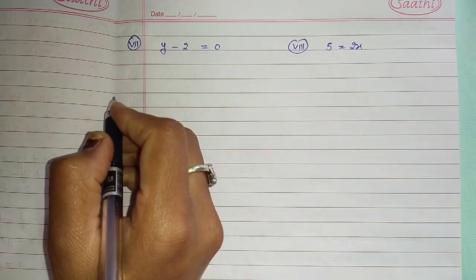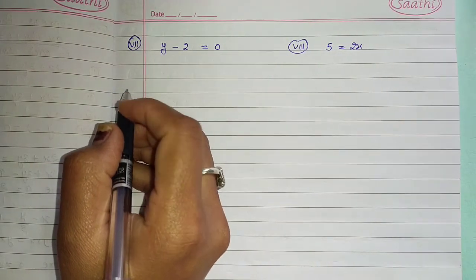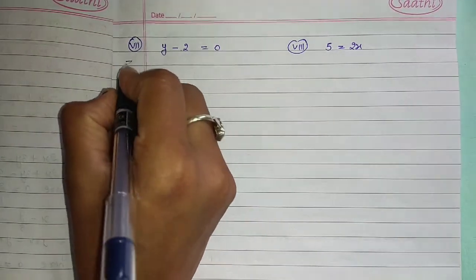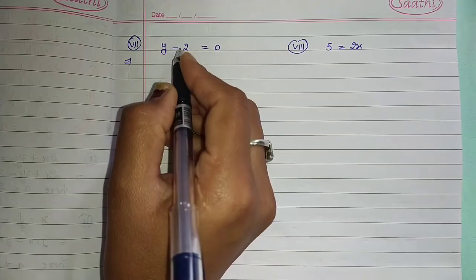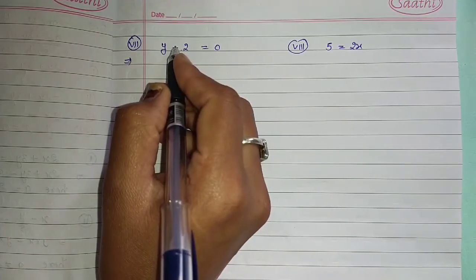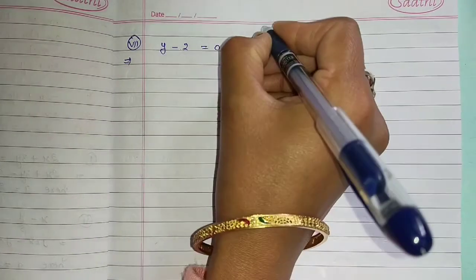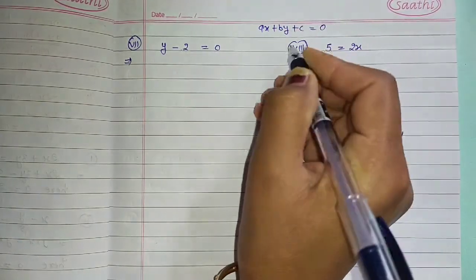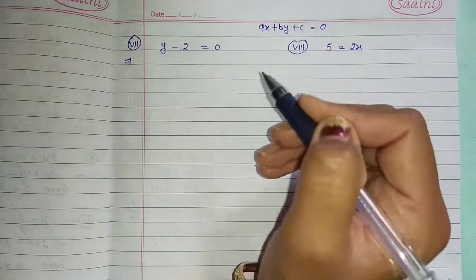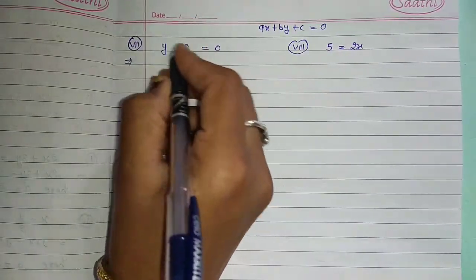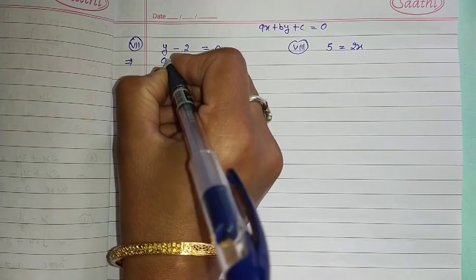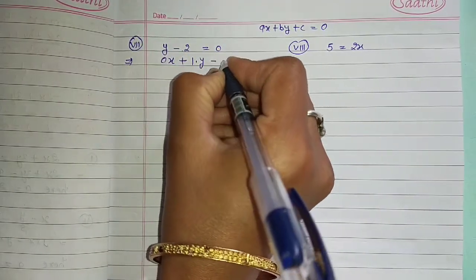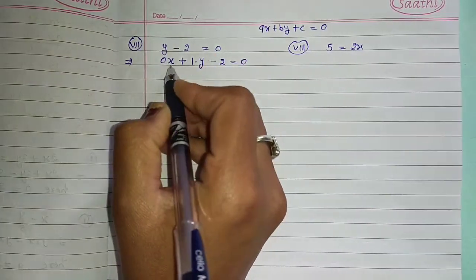The seventh part of question second of exercise 4.1 is y minus 2 equal to 0. In this question, we have to write this equation in standard form, or we can say in the form of ax plus by plus c equal to 0. And then we have to find the values of a, b, c. We can write this equation as 0 multiply x plus 1 multiply y minus 2 equal to 0.